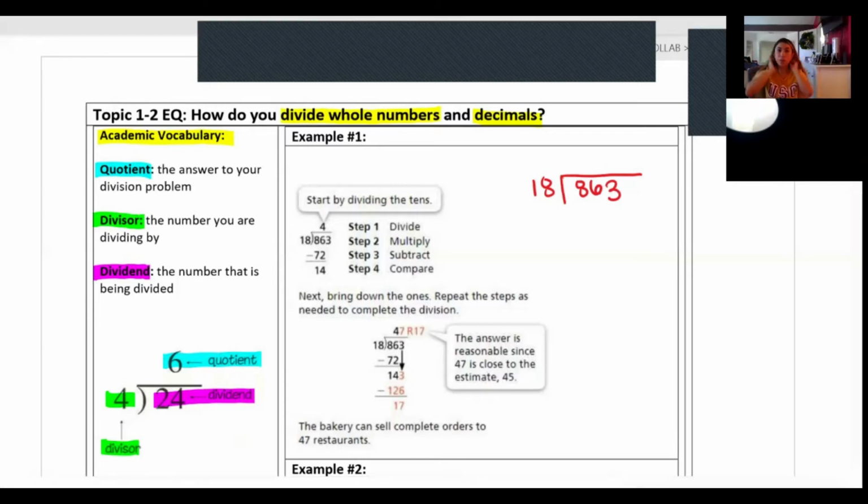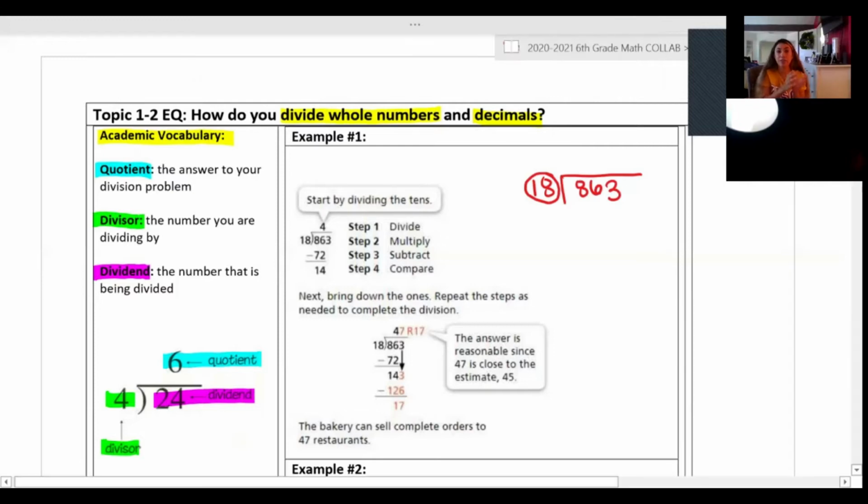We're going to put our divisor on the outside of our house. Our dividend goes on the inside. So we're trying to see how many times our divisor can go into our dividend to get our quotient, our answer. Our divisor here is 18, and we're going to divide that into 863.